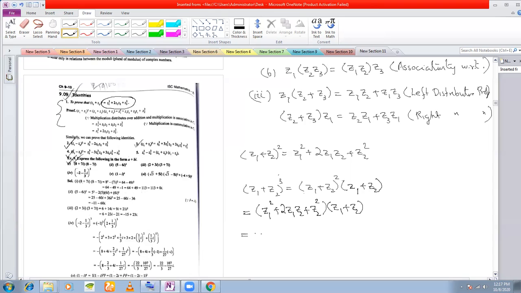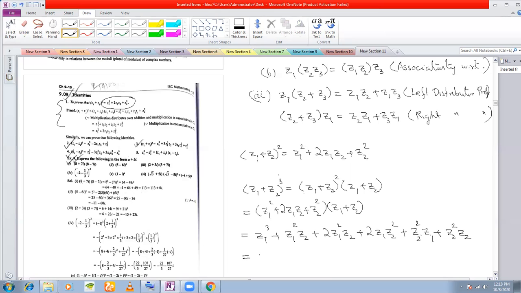Now you multiply this, you get Z1 cube plus Z1 square Z2 plus twice Z1 square Z2 plus twice Z1 Z2 square plus Z2 square Z1 plus Z2 square Z2.